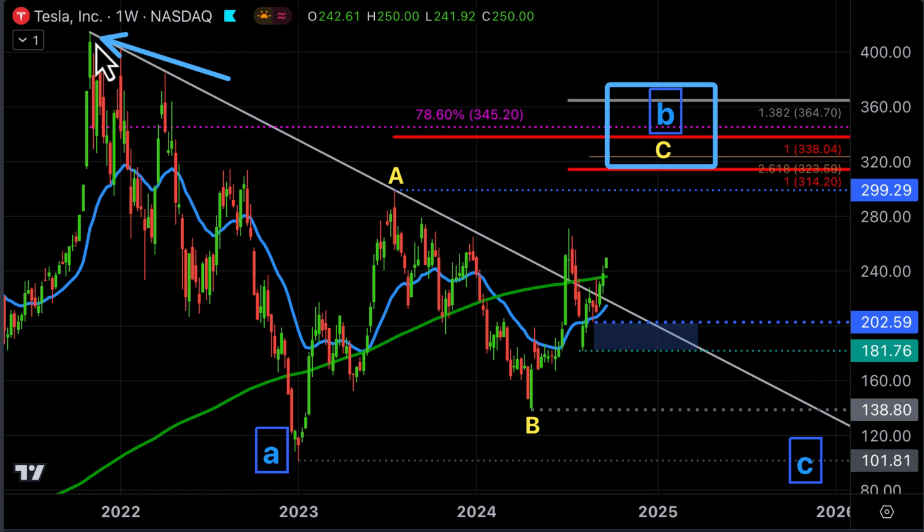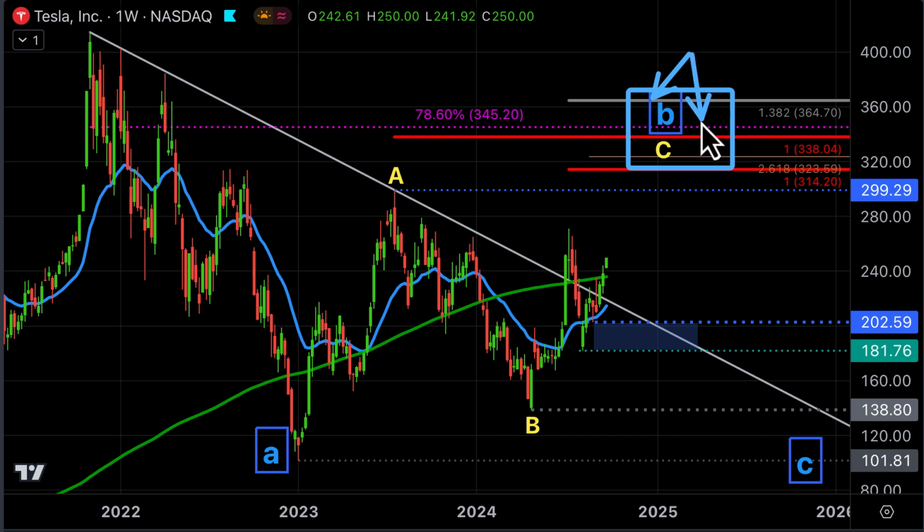But for now, I'm dealing with what is probable, not with what is possible. So I think the higher probability is for this C wave of B to take us into this zone between about 314, 340 to potentially 360, and then for the B wave to top.